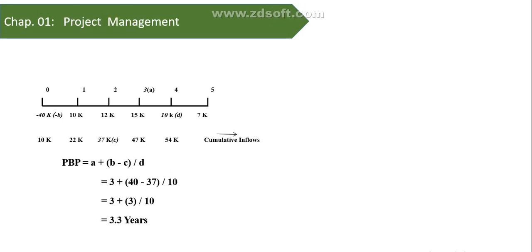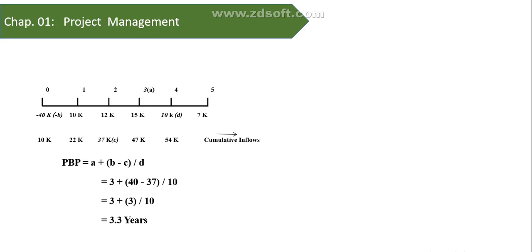So for the payback period, I have made an example over here. The above one is for 5 years, we have made an investment. B, I have told here, B is the initial investment.